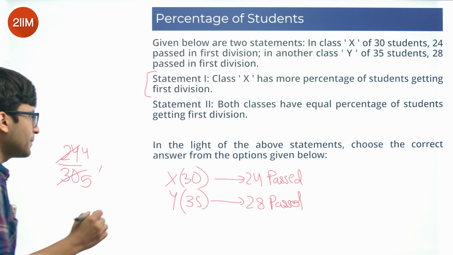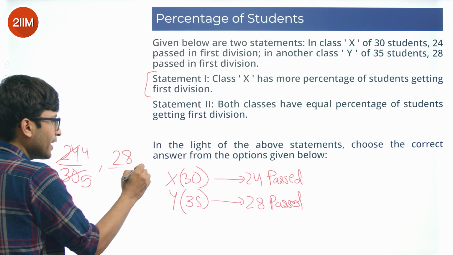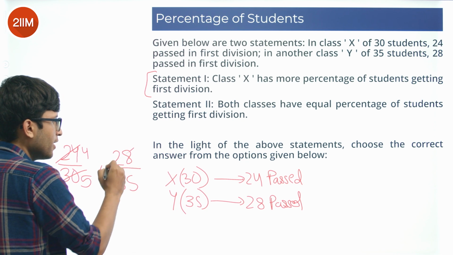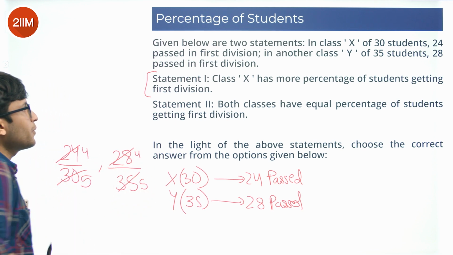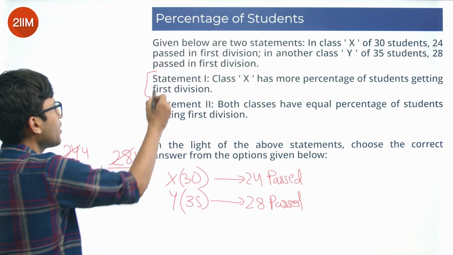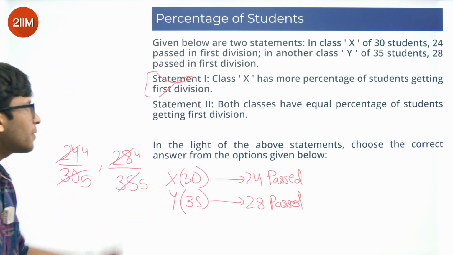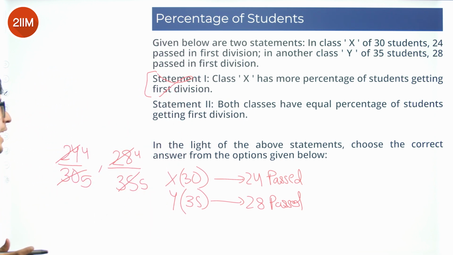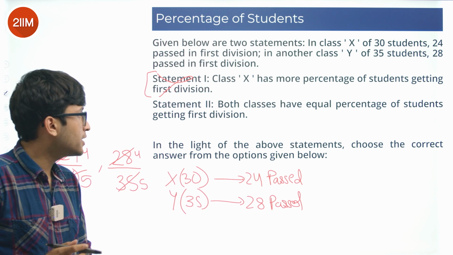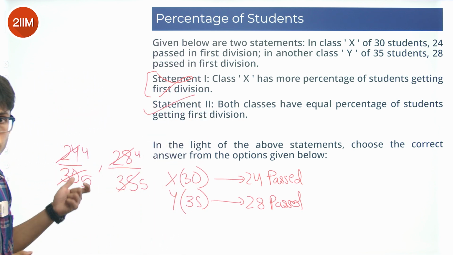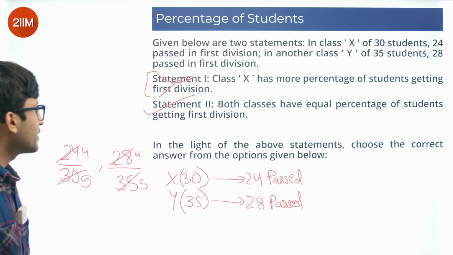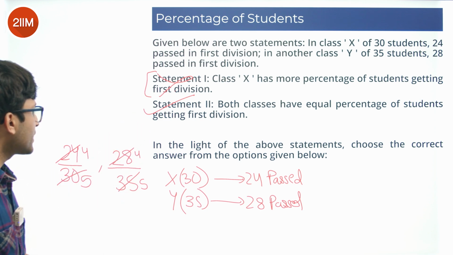And for class Y, I would have 28 by 35, which is again equal to 4 by 5. So the values are equal, so the first statement is wrong. The second statement is both classes have equal percentage of students getting first division. Yeah, this is right. We got the value as 4 by 5 for both classes. So statement 2 is true, statement 1 is false.